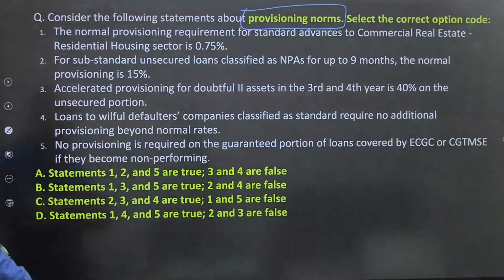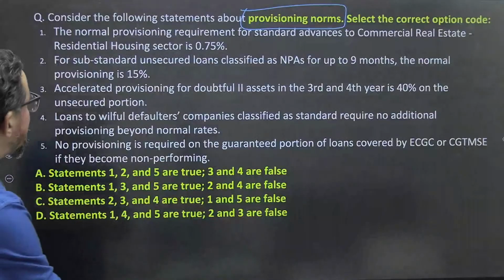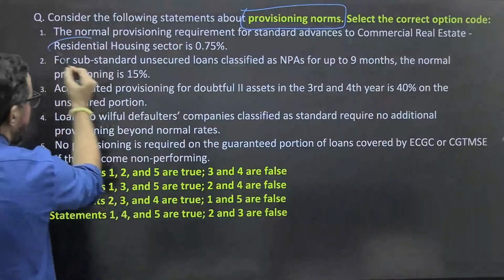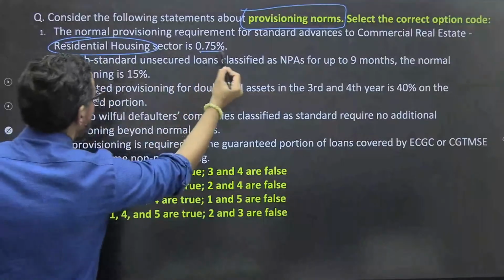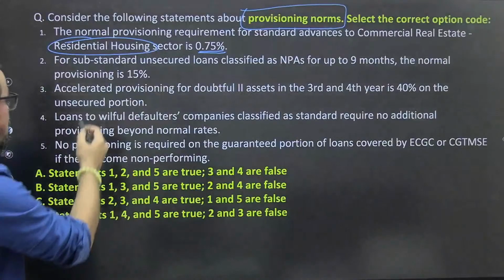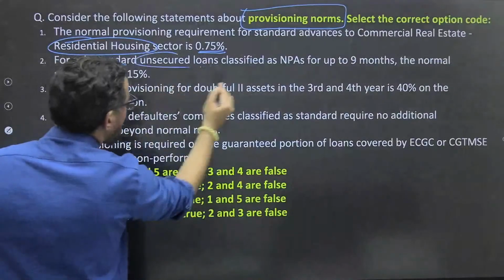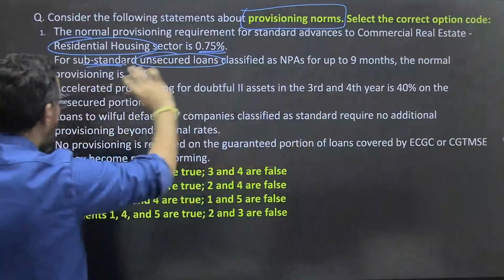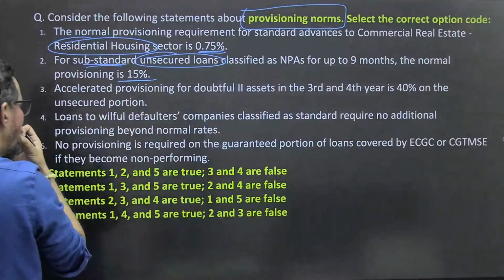Normal provisioning requirement for standard advances of commercial real estate residential housing, ठीक है, residential housing 0.75%. For substandard unsecured loan classified NPAs and all, ठीक है, it is saying 15%.